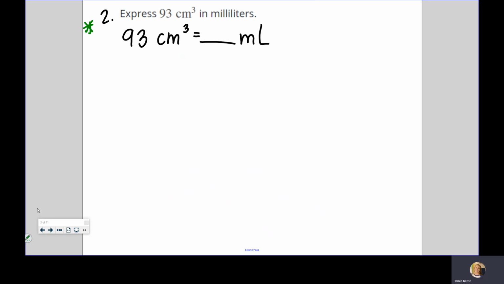So remember the conversion I gave you for cubic centimeters and milliliters? Yeah, 1 to 1. They're the same thing. So 1 cubic centimeter is 1 milliliter. So you don't have to do any work here. How many milliliters would that be? 93. So it's just the same number as whatever this is.